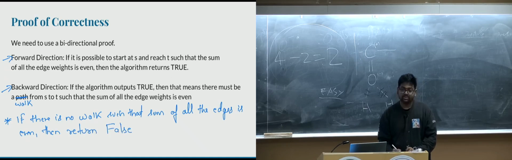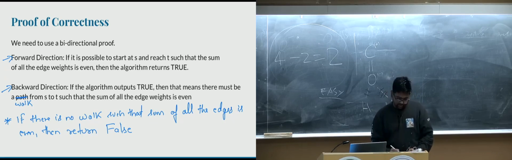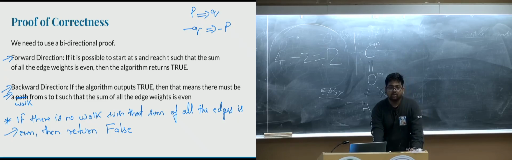But these two statements are equivalent. So the statement that I have written below that one is the contrapositive actually. So in order to prove, you can either prove this one here or you can prove this one. Either one is fine. So basically it goes like this. If P implies Q, then not Q implies not P. Okay? Make sense? Any questions? Okay, great.